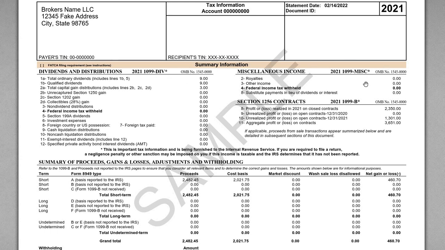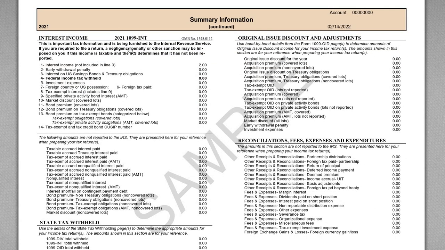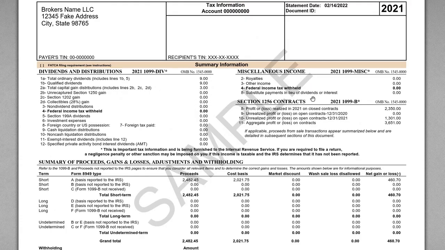Miscellaneous income is 1099 MISC. The sale of securities, futures contracts, those are on 1099-Bs. And then if you have any kind of interest income, you'll get a separate 1099 INT. Now, what brokerage companies do now is rather than issue a separate statement for all of these, they just throw it all on one and then provide that to you so it's easier for you to use.